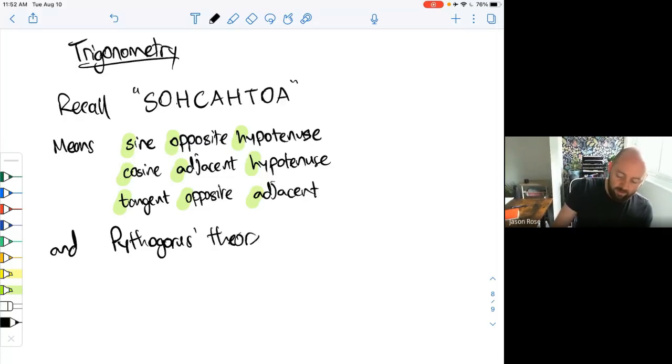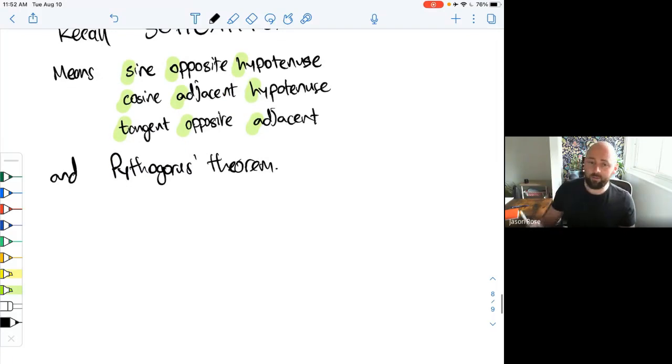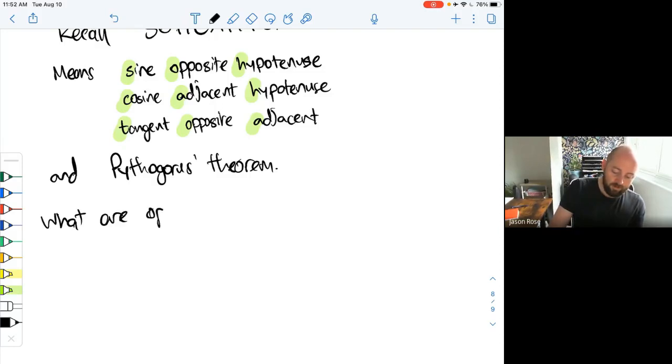Before we talk too much about sine and cosine, I guess I should just address what exactly opposite, adjacent, and hypotenuse are. So what are opposite, adjacent, and hypotenuse?